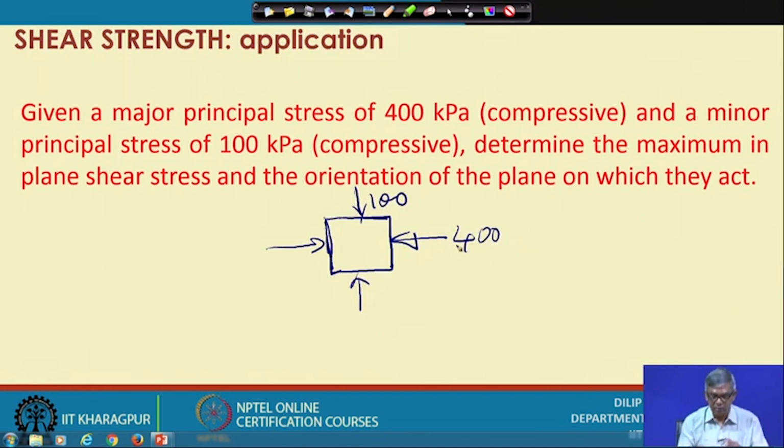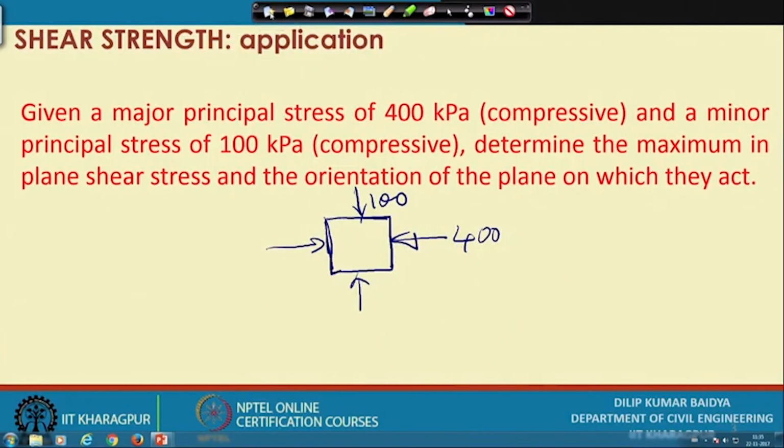I have to find out that there will be some orientation where shear stress will be maximum, and we also know that on the plane on which shear stress occurs, normal stress will also be there. So, we have to find that plane where shear stress is maximum, and on that plane what the normal stress is as well. Those two parts we have to calculate.